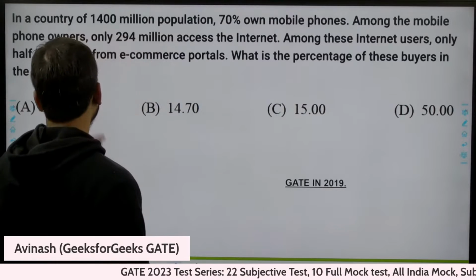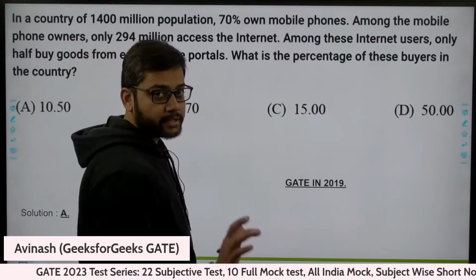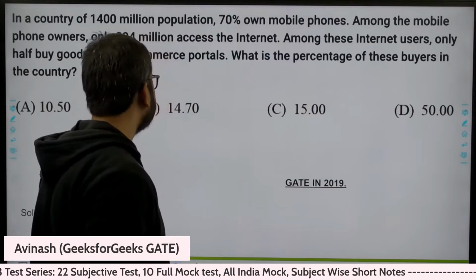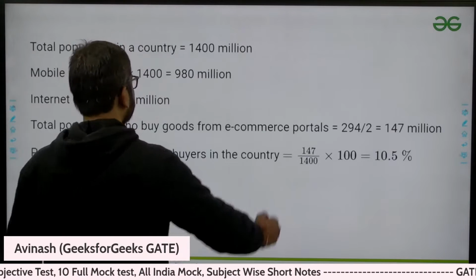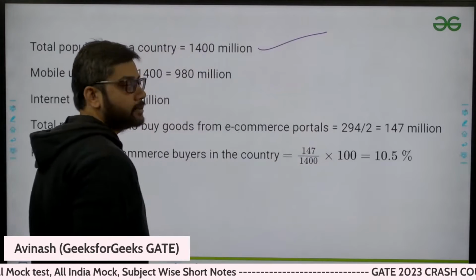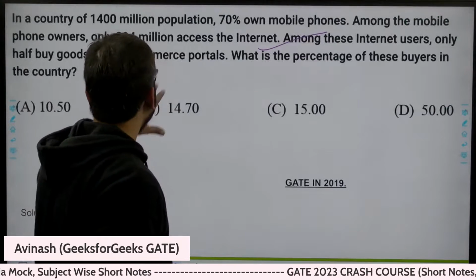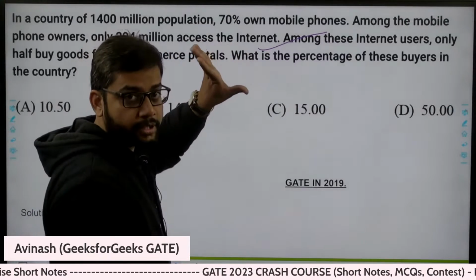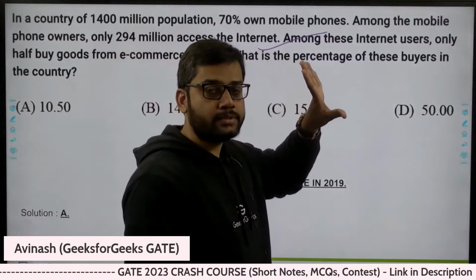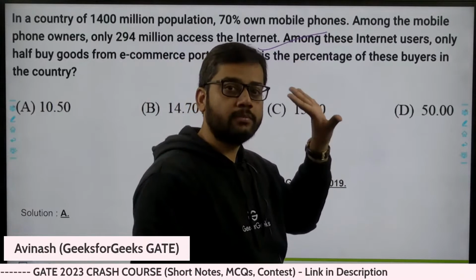Question: 1400 million population are there. Simply see, the total population of the country is 1400 million. As per the question, 70% own mobile phones. So 1400 into 70% is the number of people who own a mobile phone.